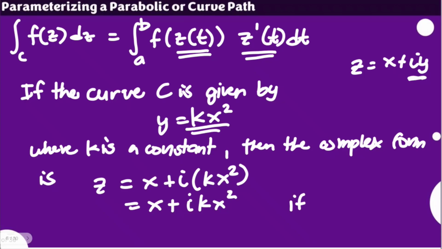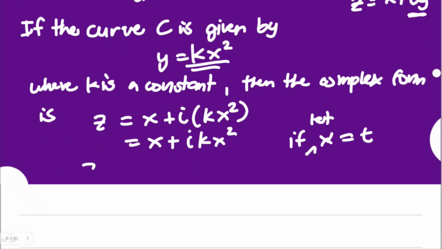If we let x be equal to t, so that we can have a function of t, we will have the form of z of t becomes t plus ikt squared. This is the parameterization of our parabolic or curve path.